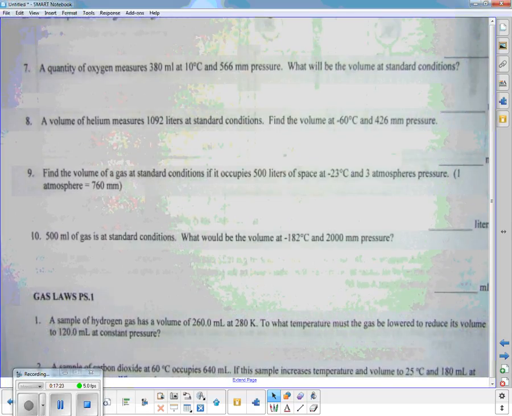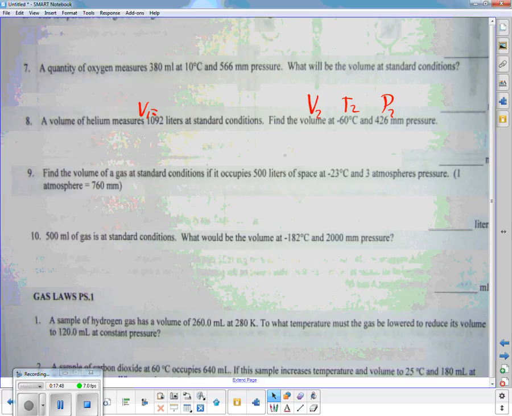Okay, here we go. A volume, V, of helium measures, so this is my V1. At standard conditions. Well, I don't know what standard conditions I need, so I'm going to read the rest. Find the volume. Okay, so I'm finding volume 2. Here's my temperature 2, and here's my pressure 2.